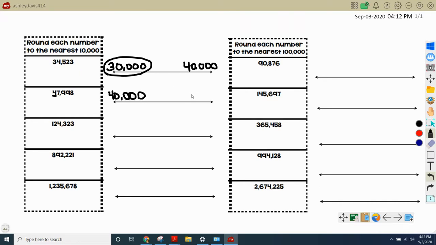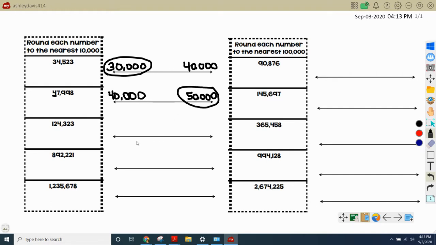Okay, and the next 10,000 on the number line would be 50,000. Okay, because 47,000 is in between 40 and 50,000. So let's think, is 47,000 closer to 50,000 or closer to 40,000? Okay, well, it's closer to 50,000.